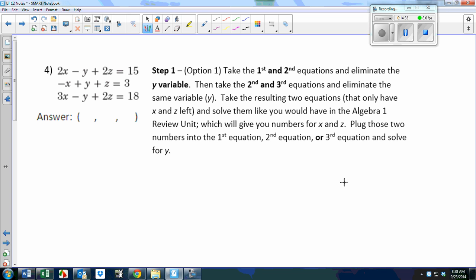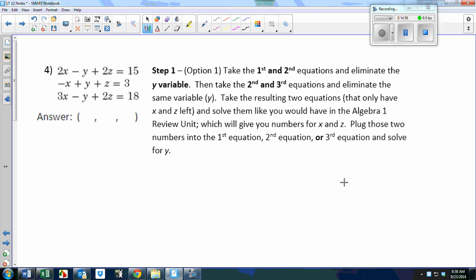This is that example where you have to take 2 equations, put them together and make a group, and make another group with 2 equations and eliminate the same variable. So the first thing that I would look at a problem like this, look at all the variables and which one, is it x, is it y, or is it z that's going to be the easiest on you to maybe get rid of?